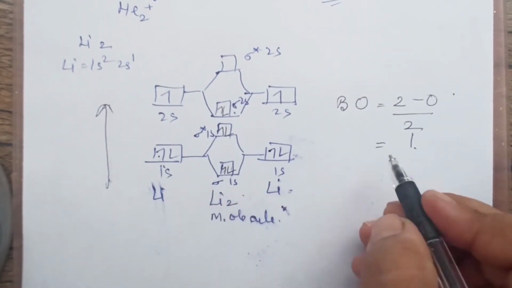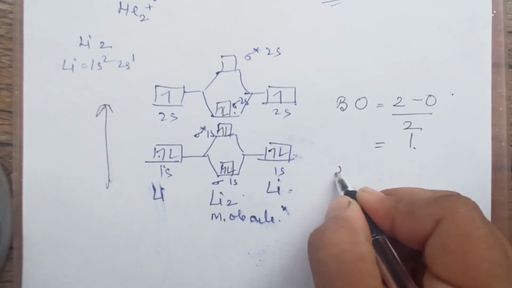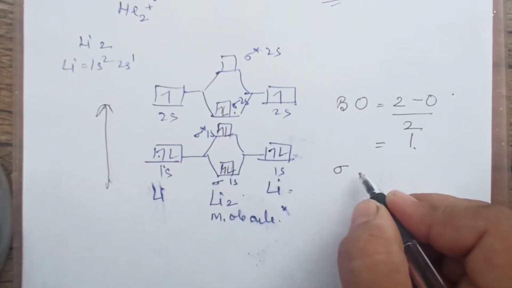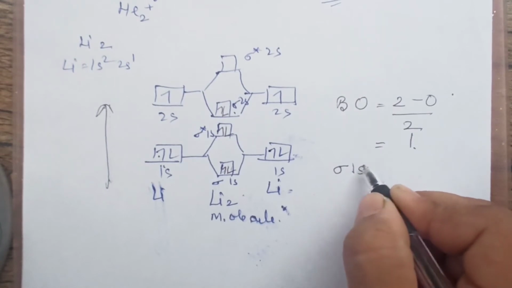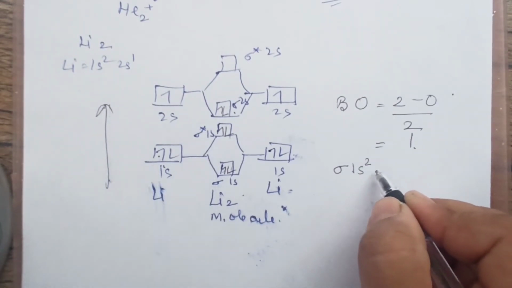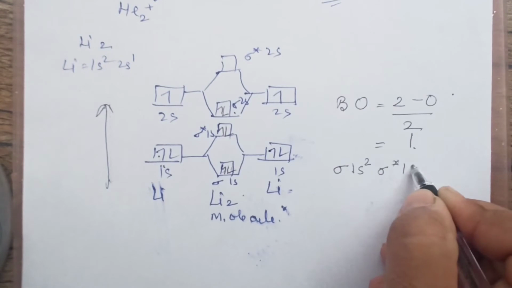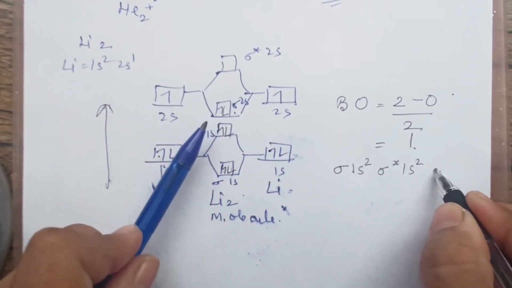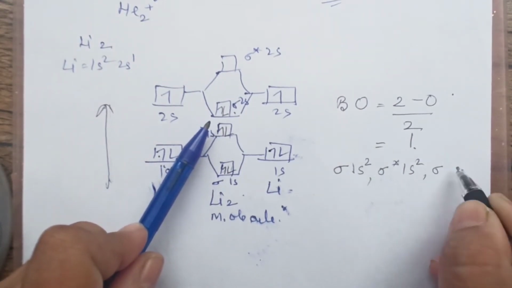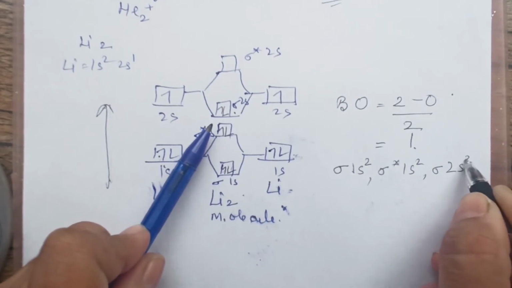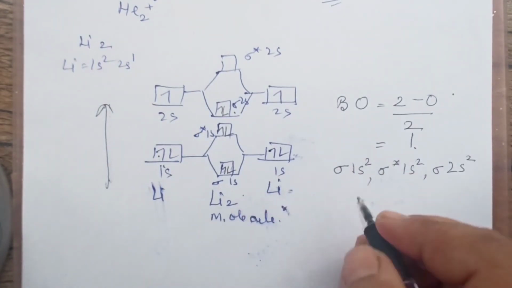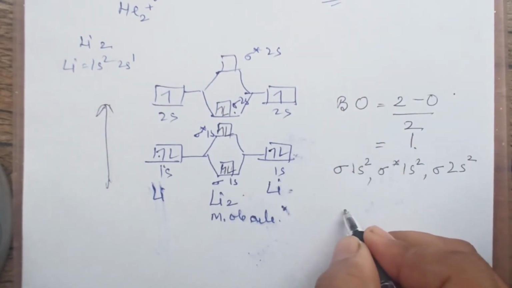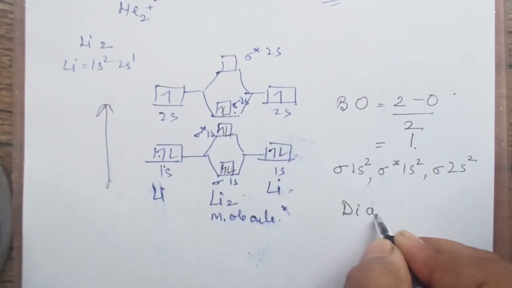If we have to write the configuration for Li2, what are we going to write down? Sigma, we will copy from here. It is sigma 1s2. You are having here sigma star 1s2. Then you are having here sigma, you can go on putting commas here, sigma 2s2. Got it? So you do not have any unpaired electrons in this. So no unpaired electron means it is diamagnetic.